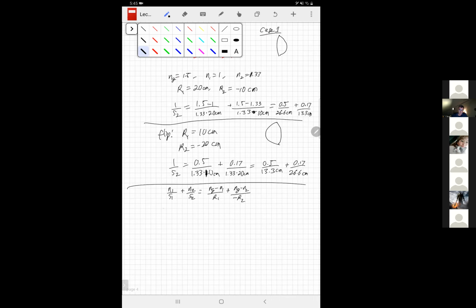And we know that if S1 is infinity, S2 is equal to N2 over the right side.